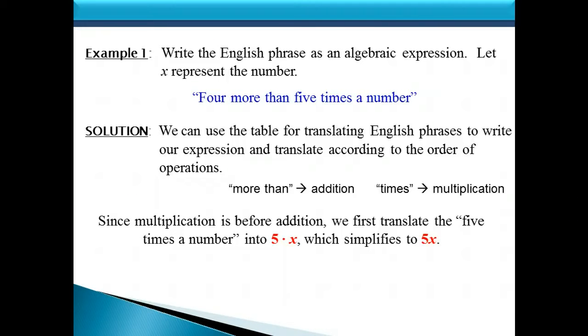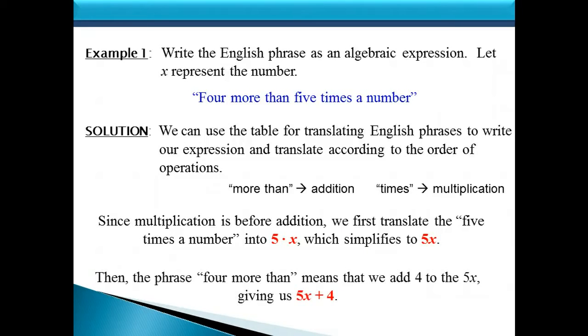So we would first translate the 5 times a number into 5 times x. And in algebra, if we have a number times a variable, we don't need that multiplication symbol, so we would simplify that to 5x. Then the phrase 4 more than means that we add 4 to what we already have, which is 5x. So that gives us the algebraic expression 5x plus 4.